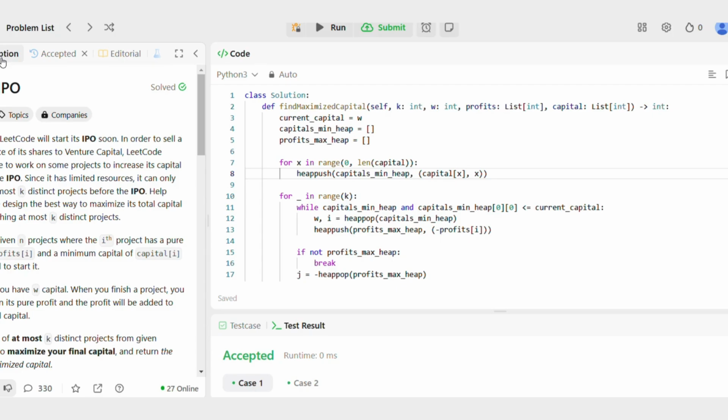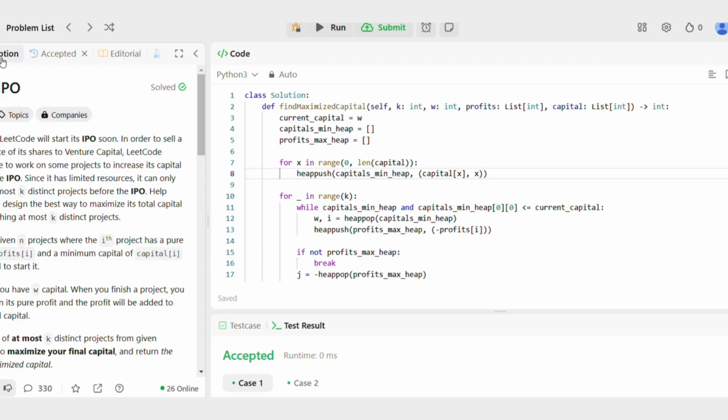The time complexity to select the project with the maximum profits from the heaps is O k log n, where k represents the number of selected projects. So the total time complexity is O n log n plus k log n, which altogether is O n log n.